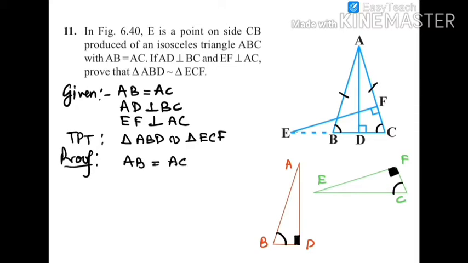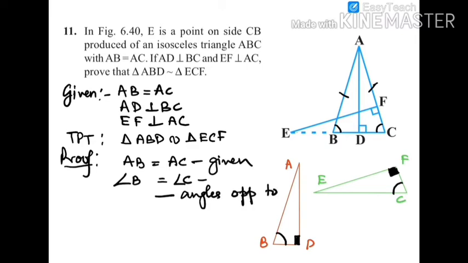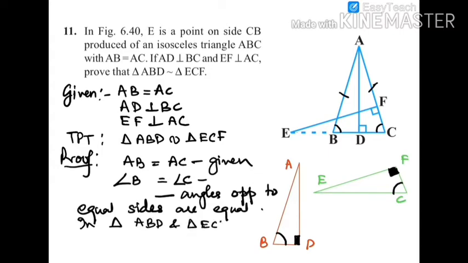AB equal to AC is given. So this implies angle B is equal to angle C. Reason: angles opposite to equal sides are equal. So now we can mention the two corresponding angles in triangle ABD and triangle ECF.